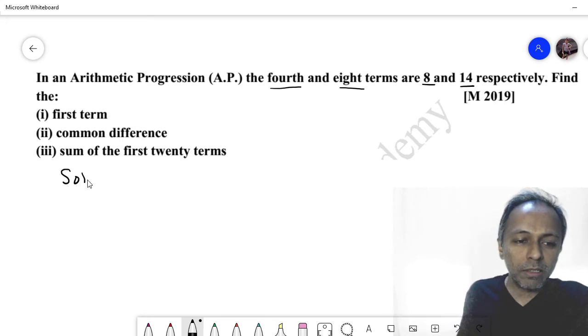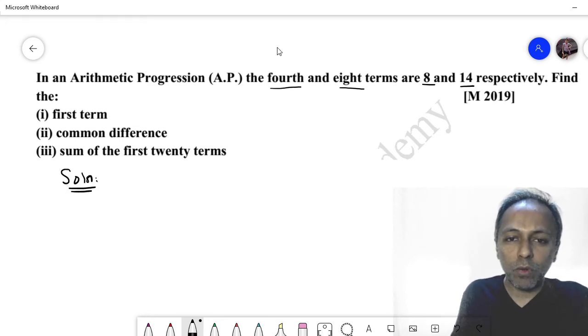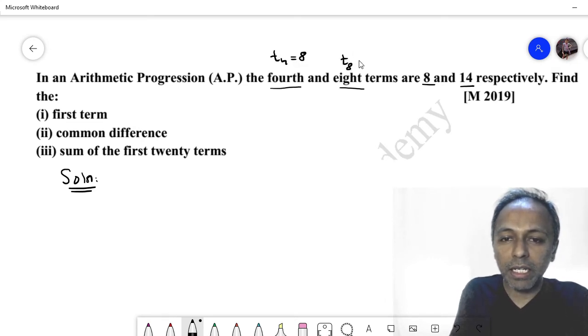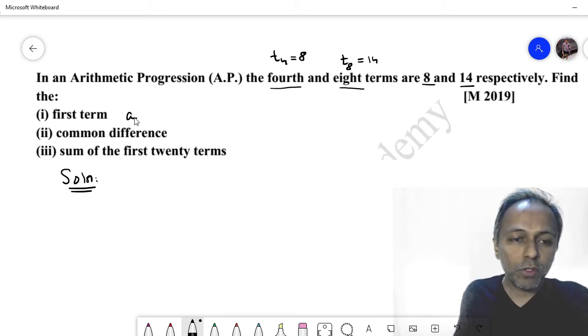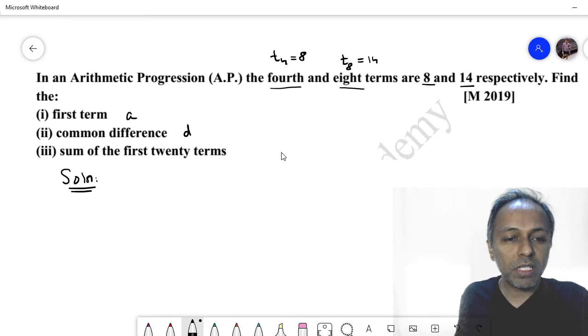So we understand that T4 is 8 and T8 is 14. Find the first term, so you have to find a, find the common difference, that is d, and the sum of first 20 terms, we can denote it as S20.